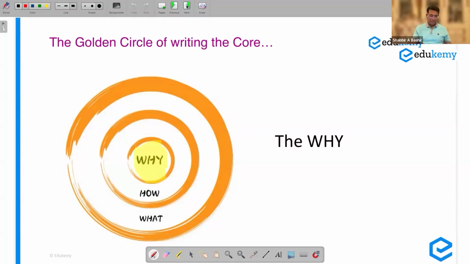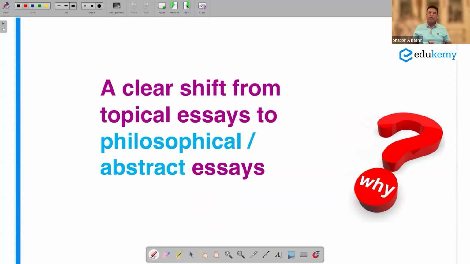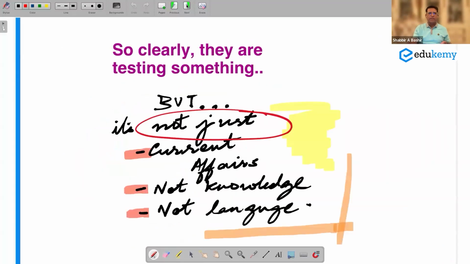The why of the essay. If you recall, in the previous modules when I was discussing the purpose of essays in UPSC, I had shown you that the essay topics are shifting towards philosophical topics, towards abstract topics. And the shift has a purpose to it. The shift tells us that the writing should not be about current affairs alone.